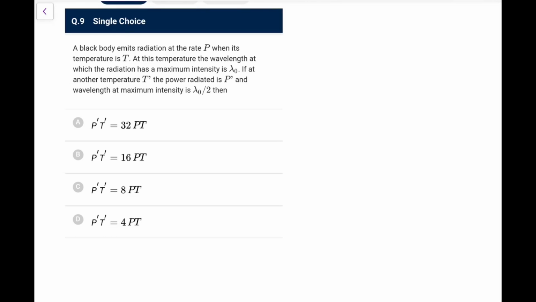Next, a black body emits at the rate P when the temperature is T. At this temperature, the wavelength of maximum intensity is lambda naught. At another temperature T dash, the power is P dash and the wavelength is lambda naught by 2. We know from Wien's law that lambda m T is constant. So the wavelength is getting halved, which means the temperature is getting doubled. If the temperature is doubled, the power, which is proportional to T to the power 4, will become 16 times.